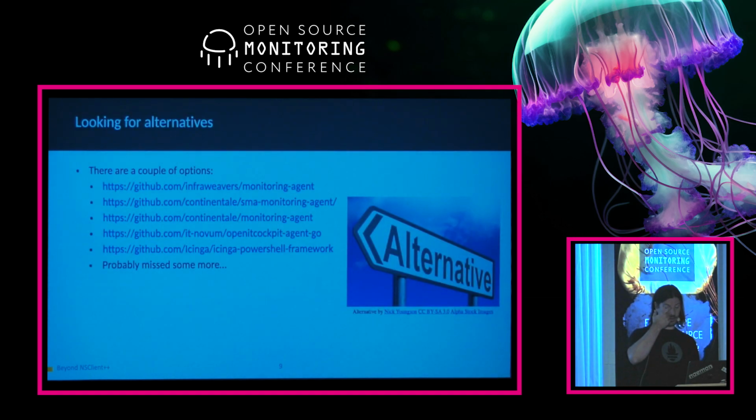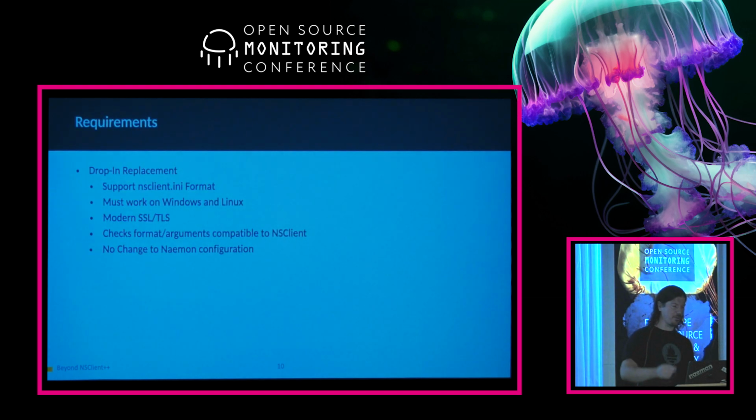So we had a look for other alternatives. Of course we're not the only ones looking for alternatives, and there are a lot of alternatives coming up everywhere. But let's have a look at the requirements, because having that large amount of Windows installations, we need something that is basically a drop-in replacement and understands the NSClient INI, and of course must work on Windows.